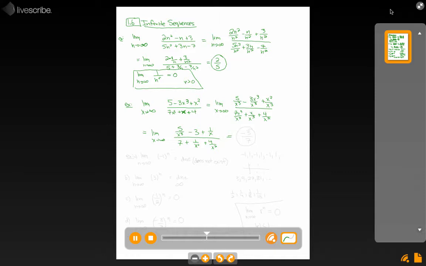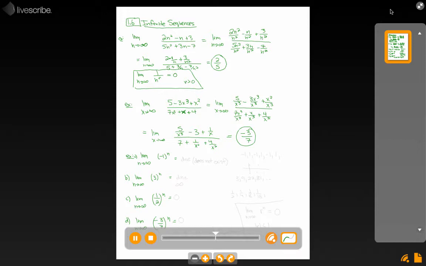All of the terms with x in the denominator approach 0, so you end up with an answer of negative 3 over 7, which turns out to be the coefficients of the terms with the highest degree. This method works whenever you have the same degree on the top as you have on the bottom.